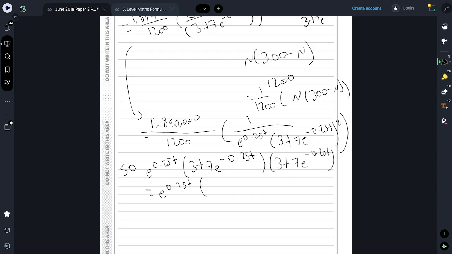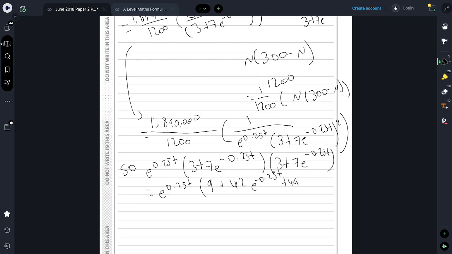So 3 times 3 is 9. 3 plus 7 lots of this, which is 21. And then we have another lots of this, that's going to be 42 e to the 0.25t. And then we're going to times by 7e to the minus 0.25t times by itself. So 7 times 7 is 49.